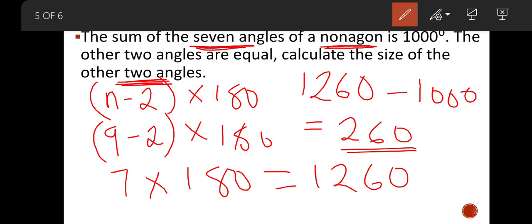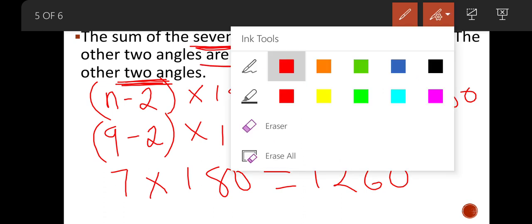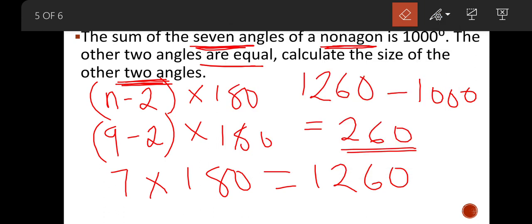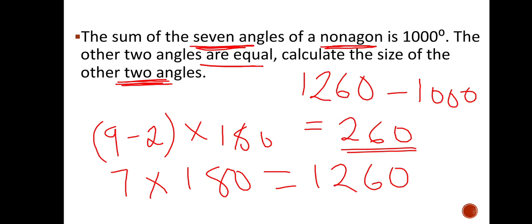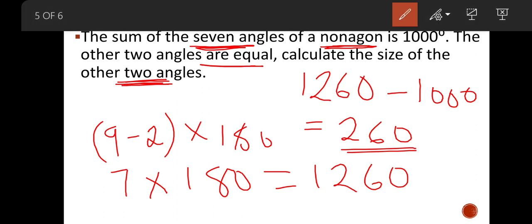Since the other two angles are equal, we divide 260 by 2, since they are just two. I'm sorry, it's 260, not 1260.